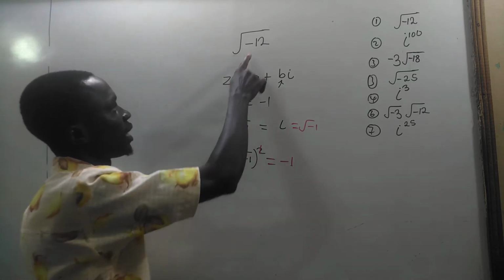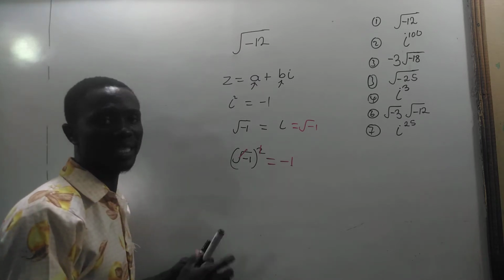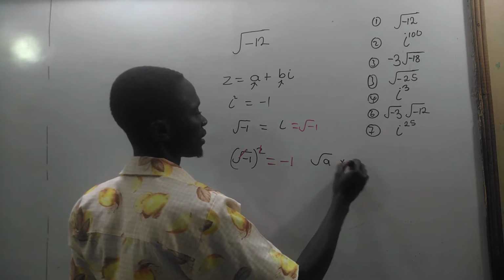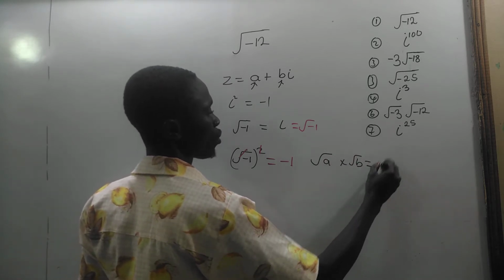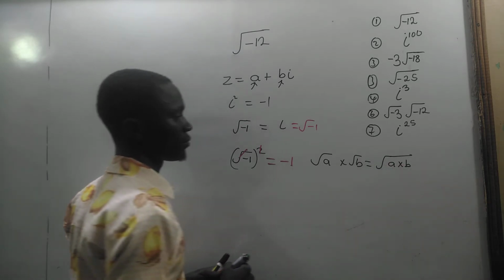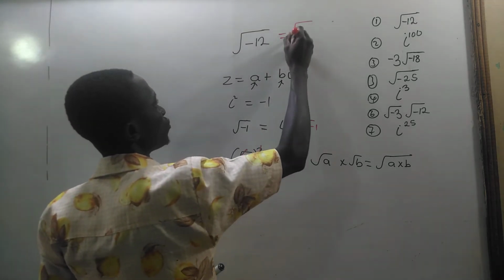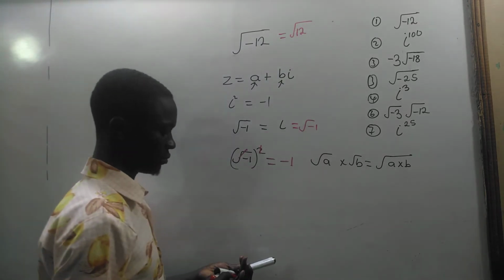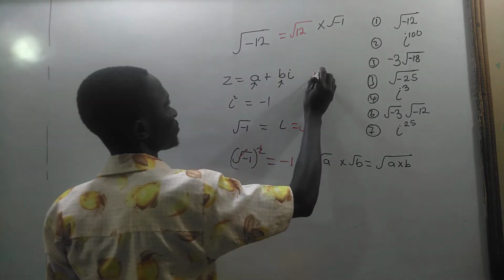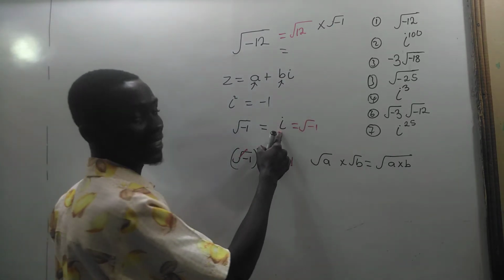Now, how do we simplify this? Then it means that from the basic law of surds, if I have root a times root b, it is equal to root ab. So we are going to use this here. So this is the same as root of 12 times root of negative 1. And that root of negative 1 is i.